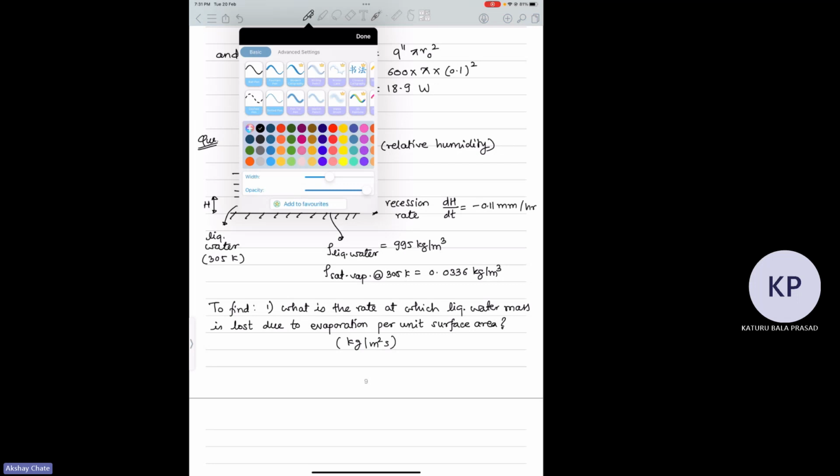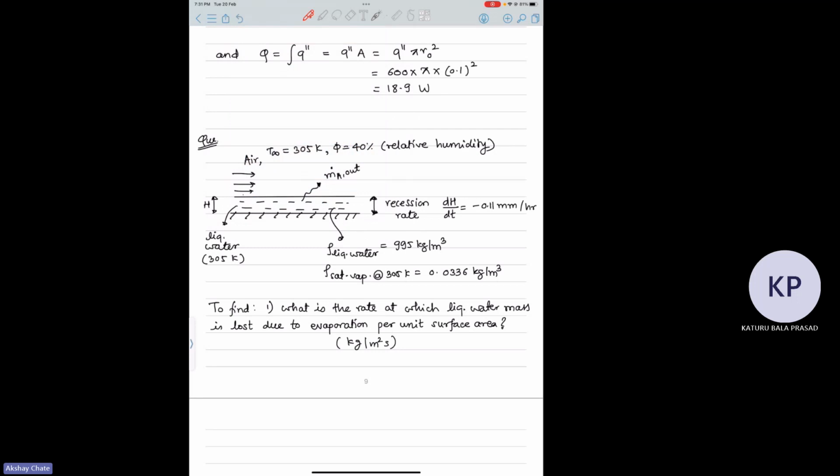So now you have to apply a control volume analysis. So take this water as a control volume.